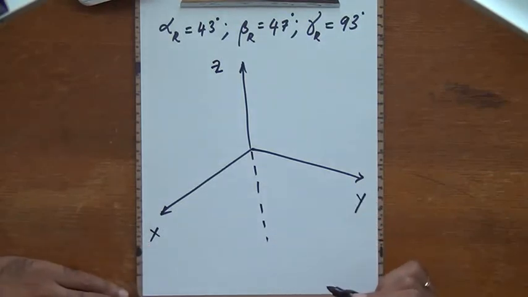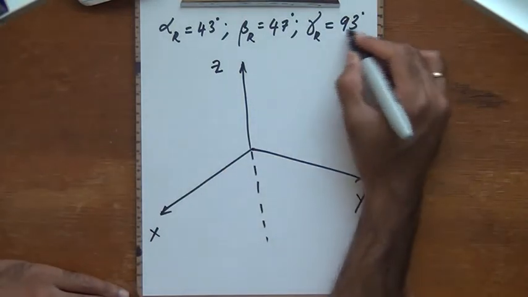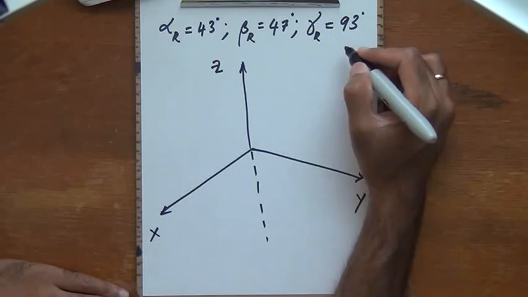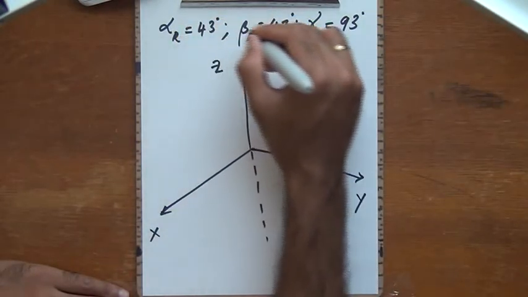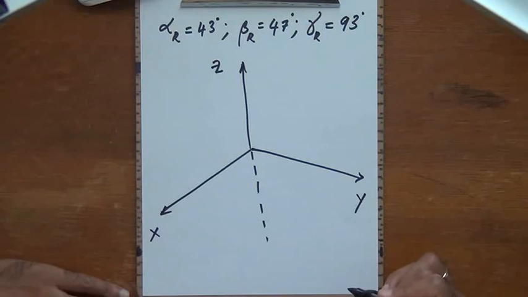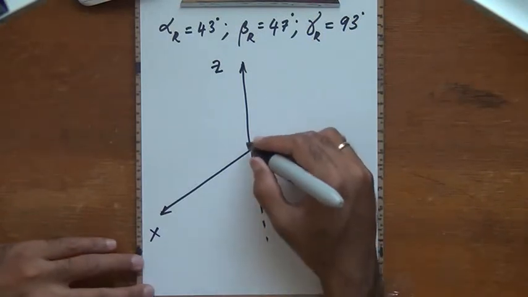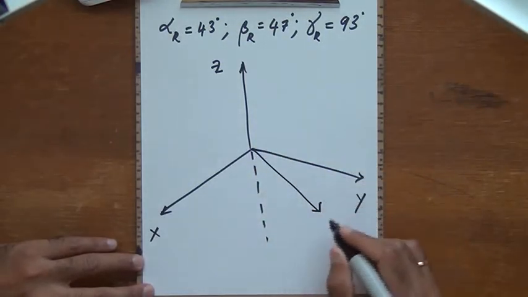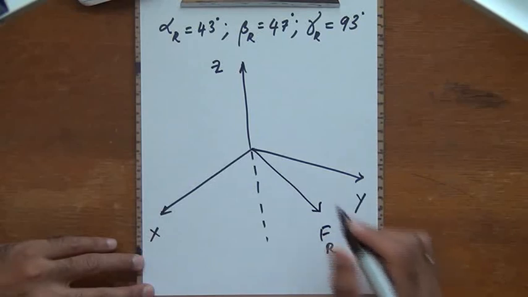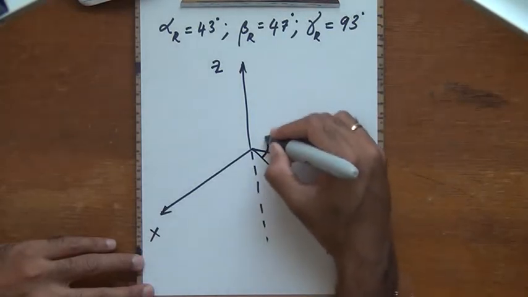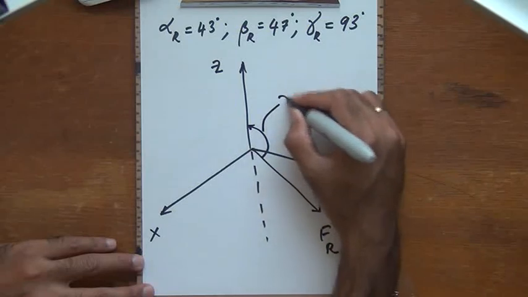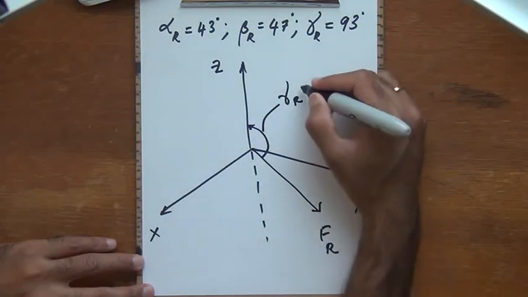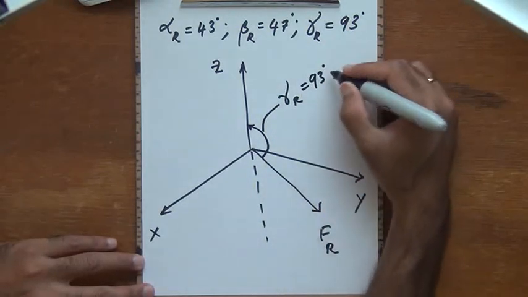And so I know for sure that the angle made by the resultant force with the z-axis, which is gamma r, is an obtuse angle, and I know that the angles made with respect to the x and the y are acute angles, which means that the force vector Fr is going to be in the following sense. So this is going to be Fr, where I see that the angle made, this is drawn in an exaggerated sense, this is gamma r, which is the 93 degree obtuse angle.